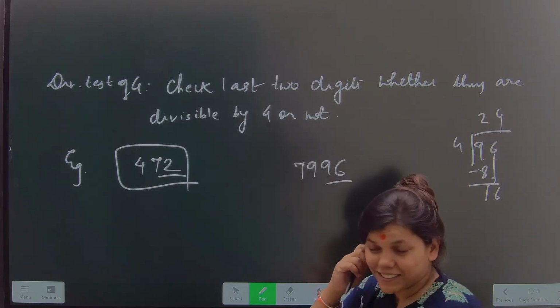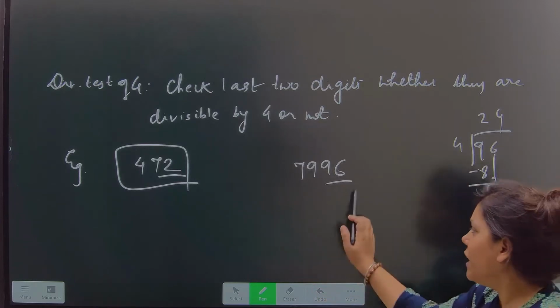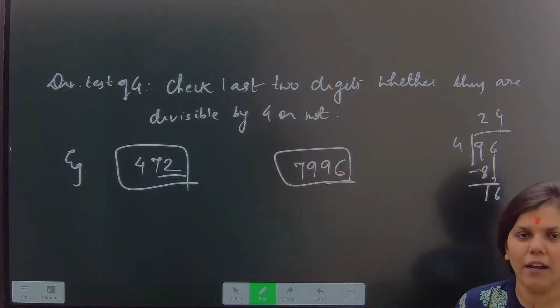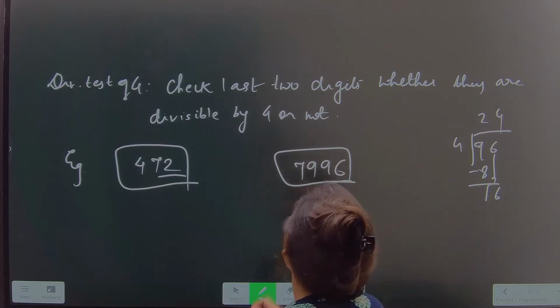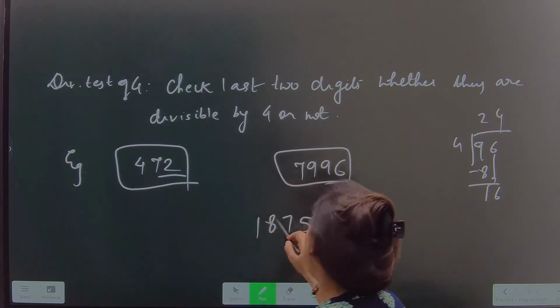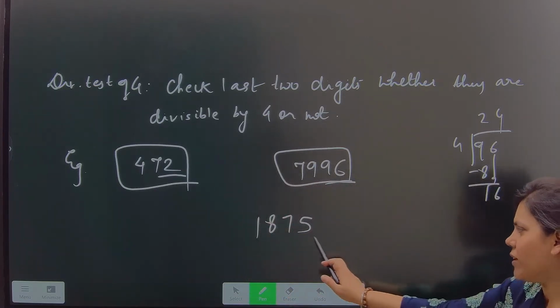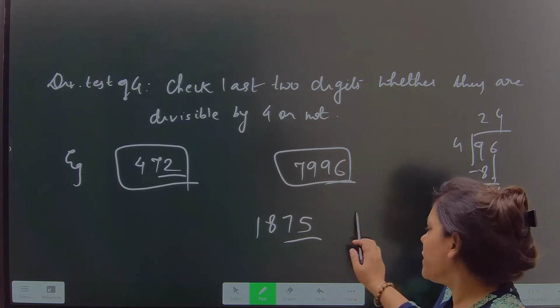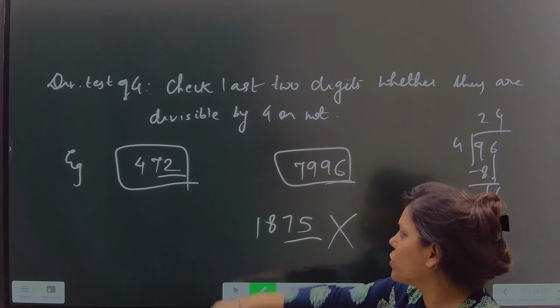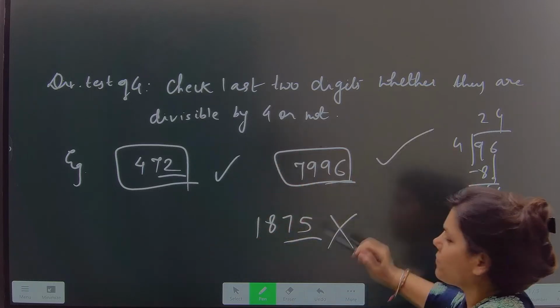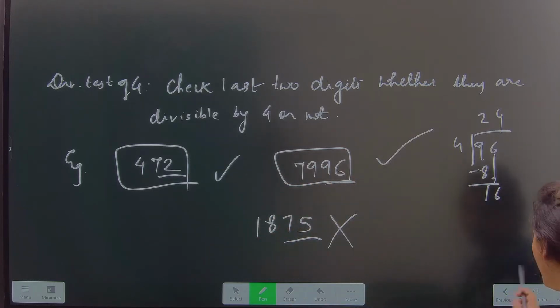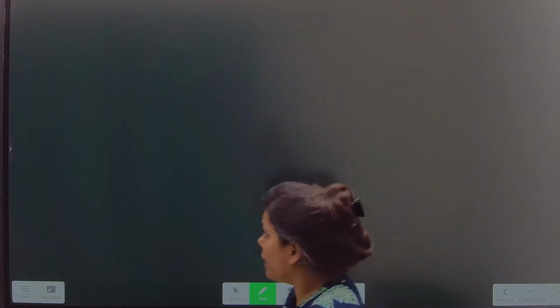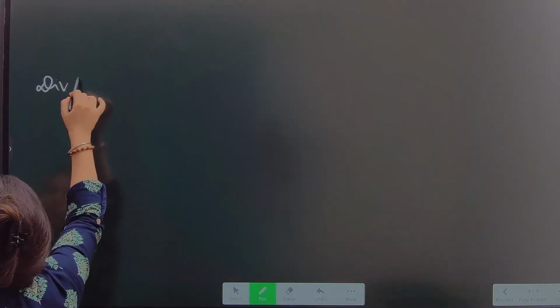So 96 is divisible by 4. Hence, this complete number is divisible by 4. If I take 1875, so 75 does not come in 4's table. Okay, it is not divisible by 4. Hence, this number is not divisible by 4. These two are divisible. Okay, hope you understand.